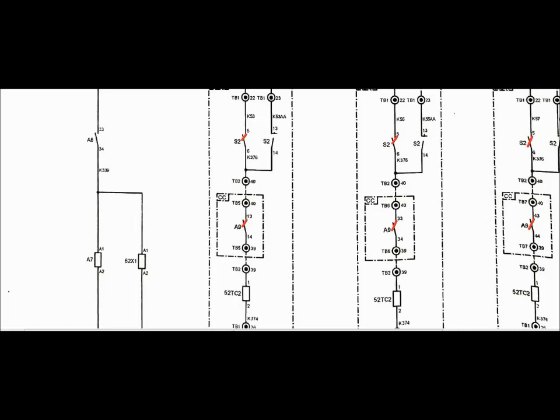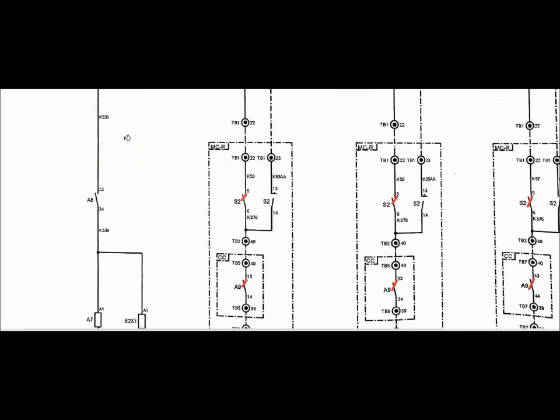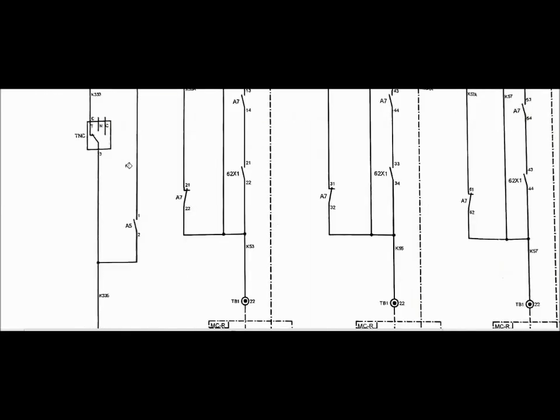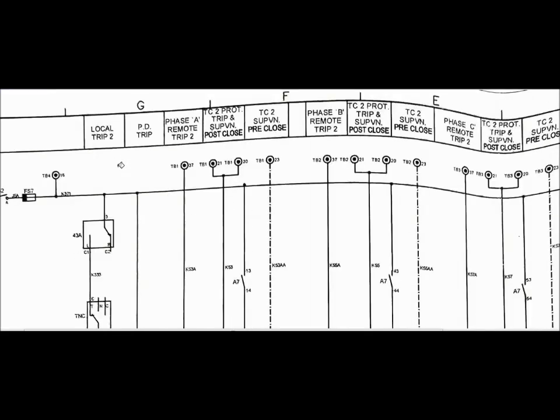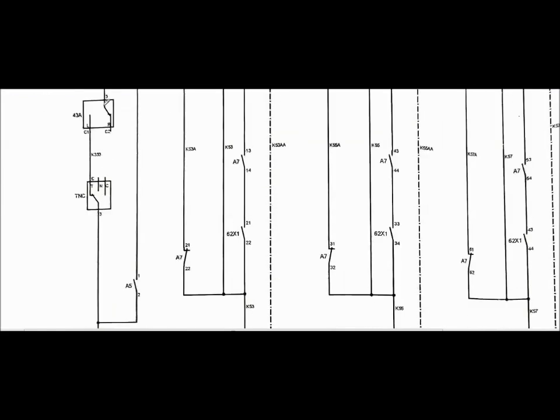Now whenever a DC pulse is given for local operation by keeping the local remote selector switch in local position, this is the local position. I make this contact in the local position.